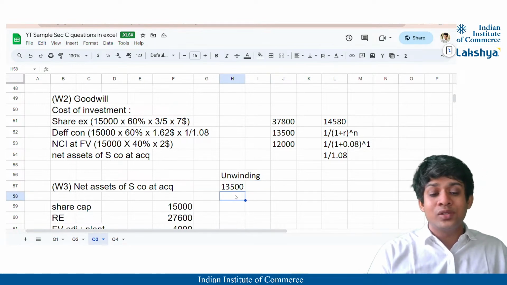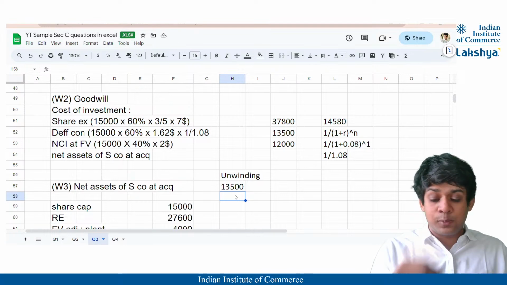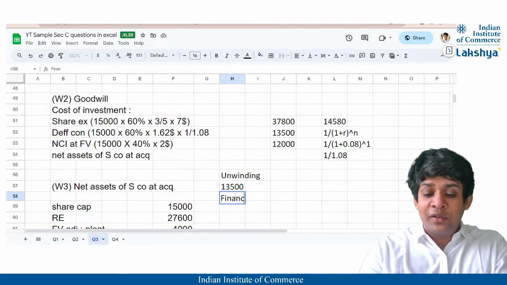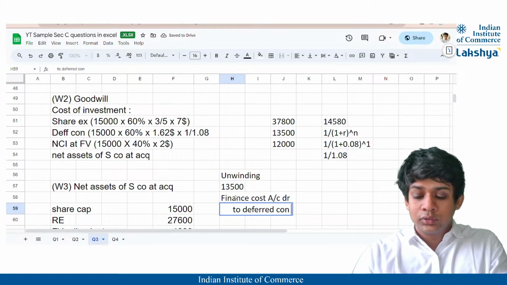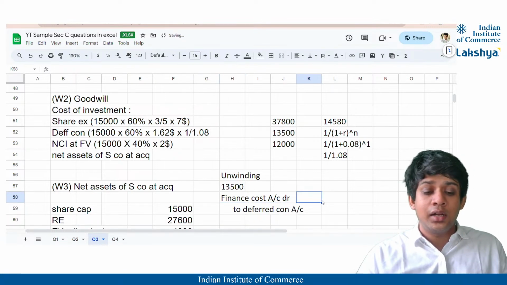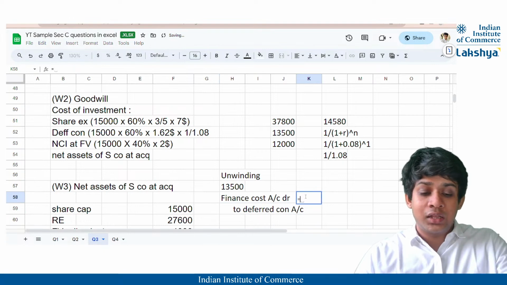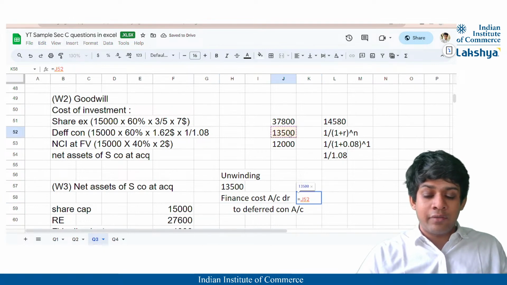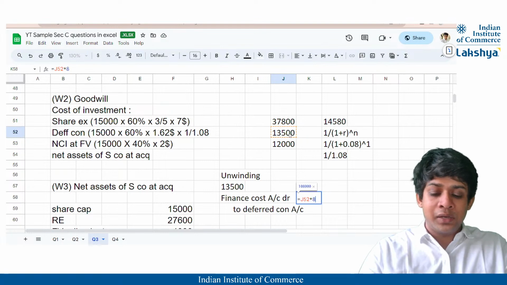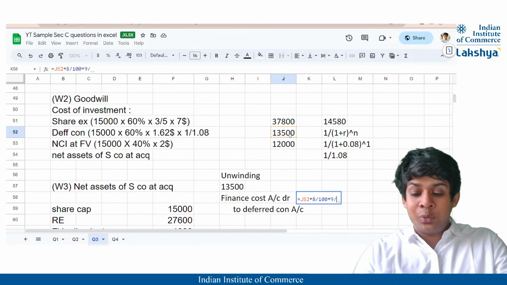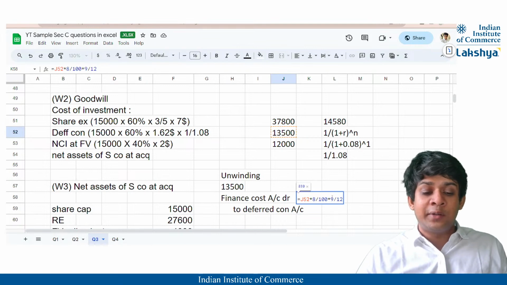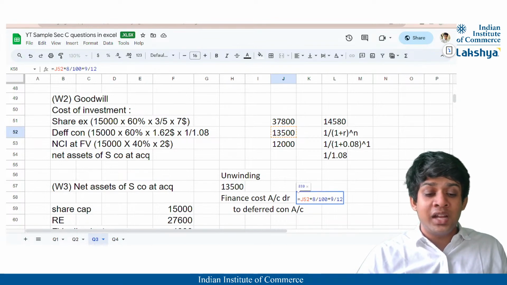We will do it using the 8% interest rate, which is specified. So it will be finance cost account debit to deferred consideration account credit. Your value will be 13,500 into 8%, and always remember, into 9 by 12, because the subsidiary has been acquired mid-year.